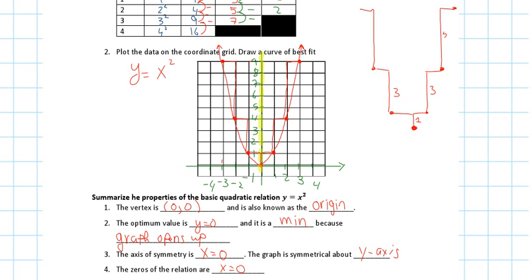And that gives me my quadratic. Okay? So we call this the 1, 3, 5 pattern.